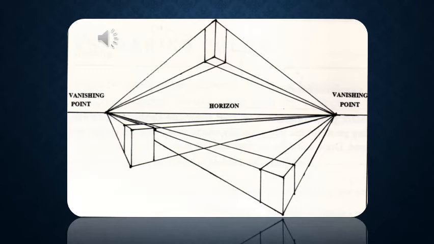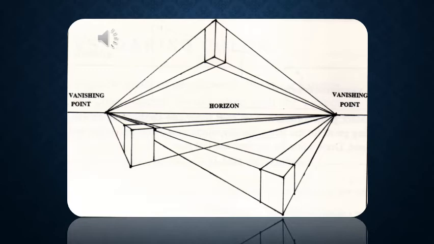If you see the first object at the top, it is in the middle of two vanishing points. So the square cube we have created is almost the same from the left and right. The height can be defined by you, whatever height you want to have.